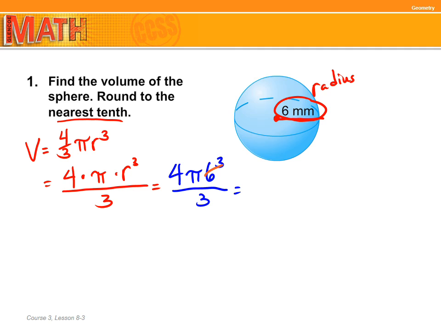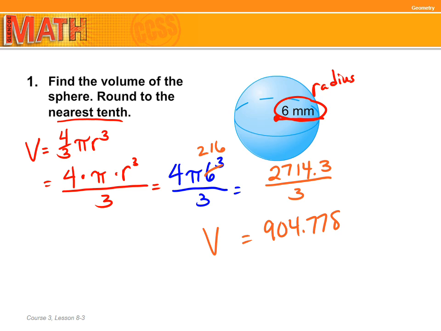So on my calculator, I'm going to take 4 times pi times 216, which gives me 2714.3, divided by 3. And I get a volume of 904.778.